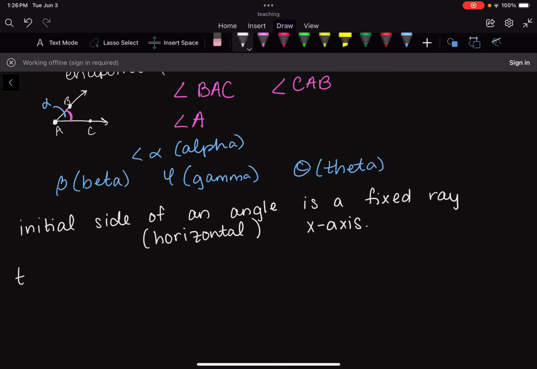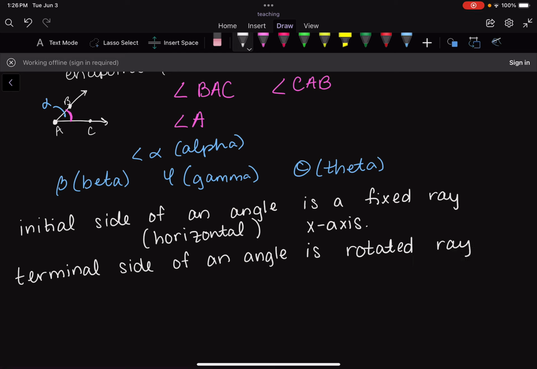Then we have what's called the terminal side of our angle. This is our rotated ray, and this could be anything. It could be horizontal, it could be vertical, it could be a diagonal.